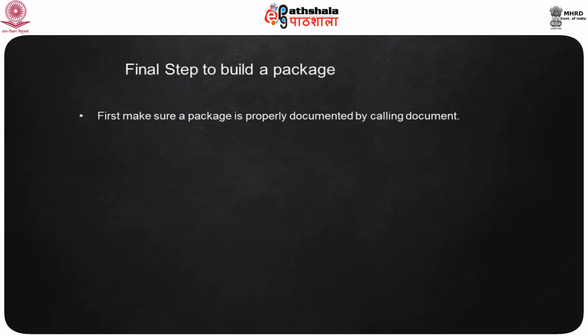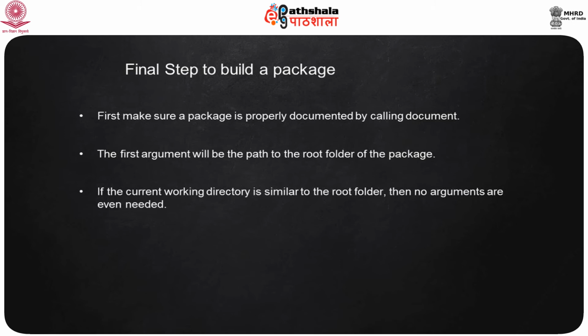So, first make sure a package is properly documented by calling document. The first argument will be the path to the root folder of the package. You know what the root folder is? So, do this with that folder. If the current working directory is the same as the root folder, then no arguments are even needed.